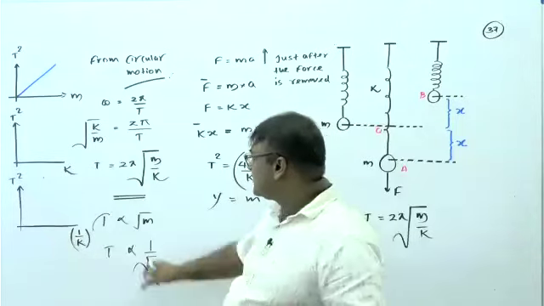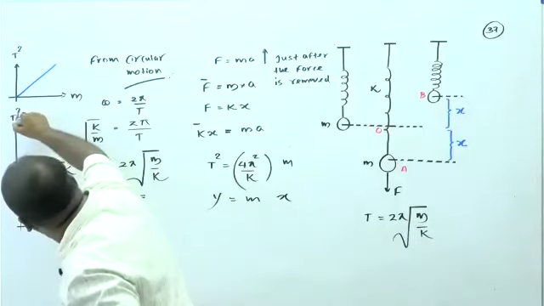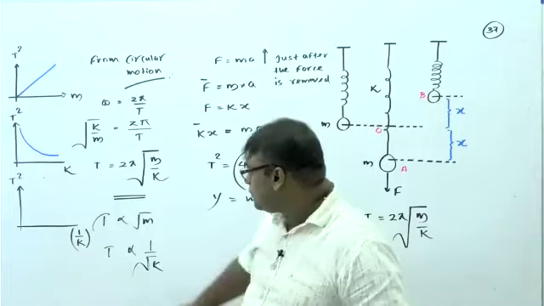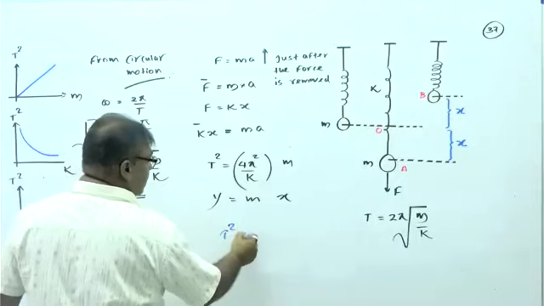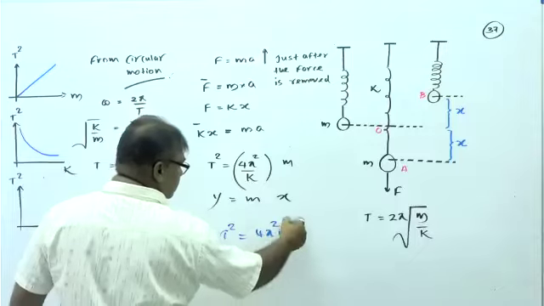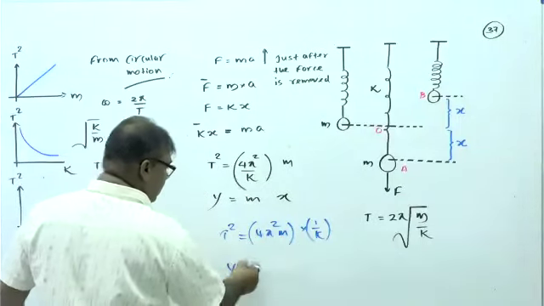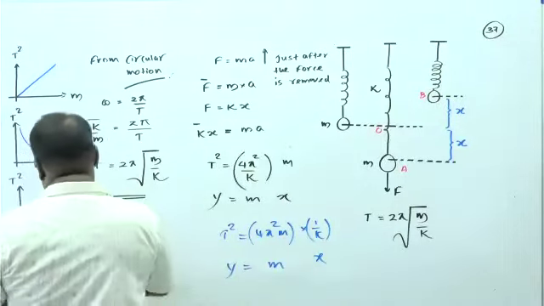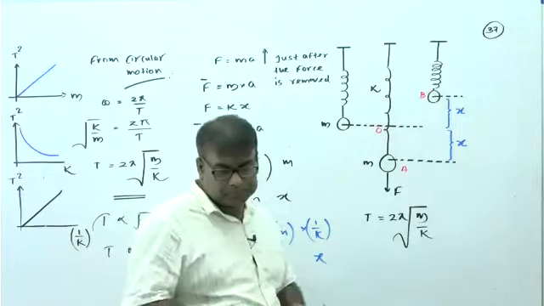T squared versus k is inversely proportional, a rectangular hyperbolic curve. And for 1 over k, T squared equals 4 pi squared m into 1 over k, again y equals mx type, so it should be a straight line.